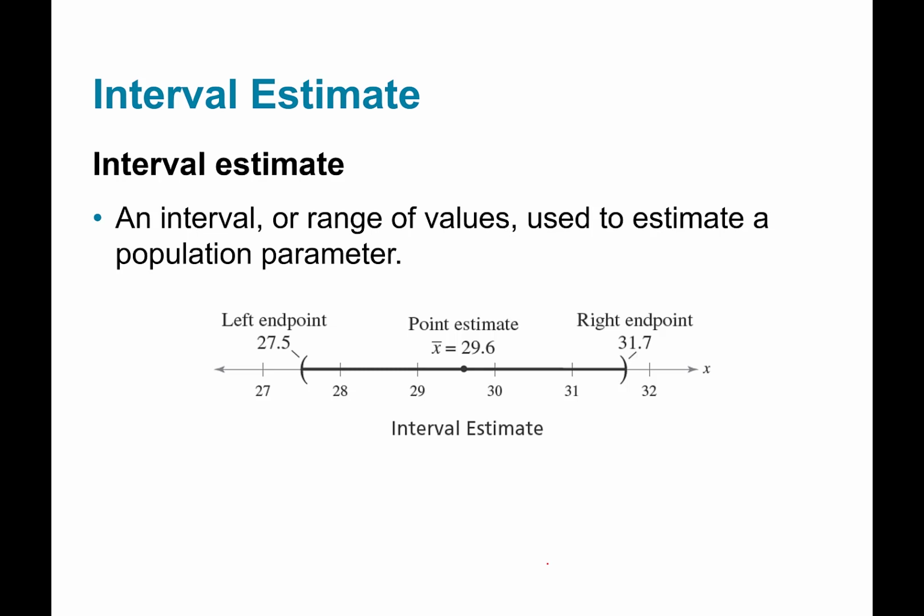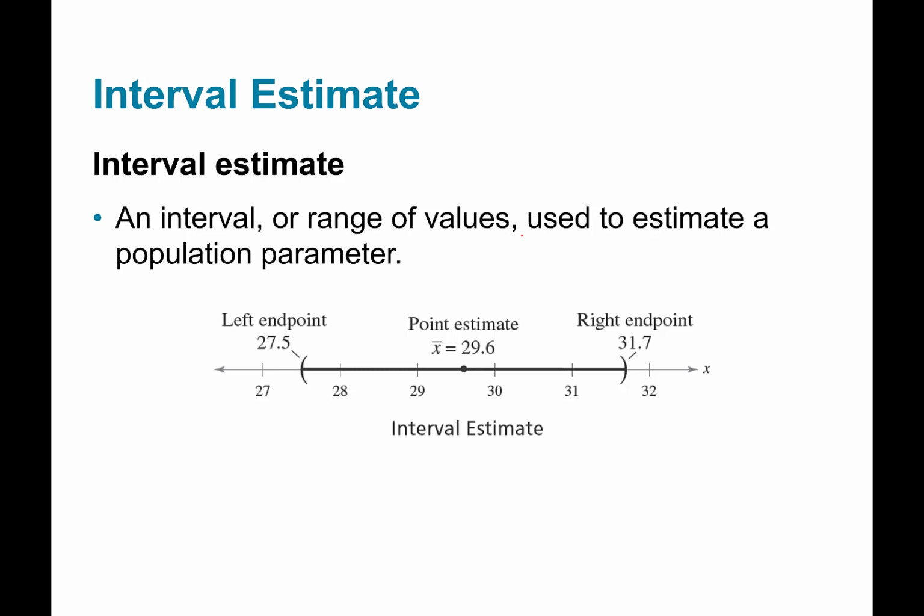Let's say, for example, we have the point estimate x bar equals 29.6. Then, doing some math that we'll talk about later, we end up with an interval estimate saying that the population mean mu is going to be somewhere between 27.5 and 31.7. If you're using just a point estimate, it's not likely you're going to hit the nail on the head.